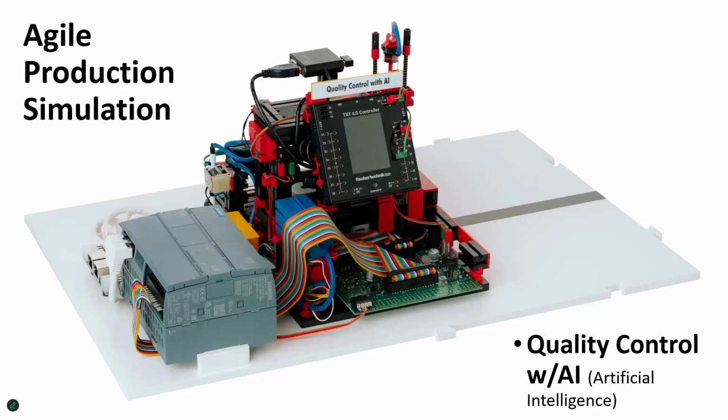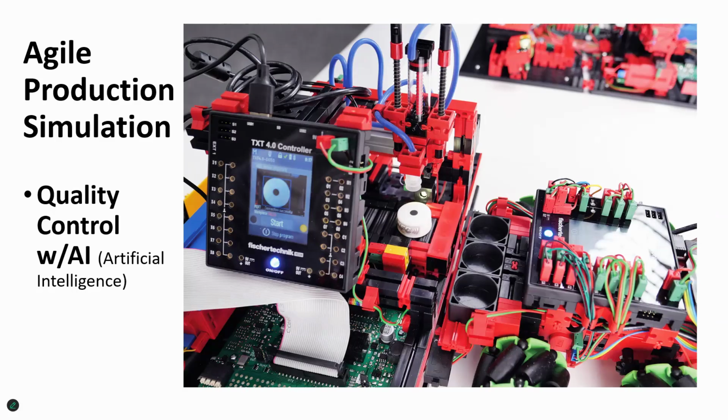Next up is the quality control with AI module. In the quality control module, a vacuum gripper places the workpiece on a conveyor belt. It's transported underneath the camera and it gets scanned there. The workpieces, which come in 3 different colors, red, white, and blue, also have 3 machining features put onto each piece, whether it's a drilling feature, milling, or drilling and milling, as well as various fault patterns that are put on each piece.